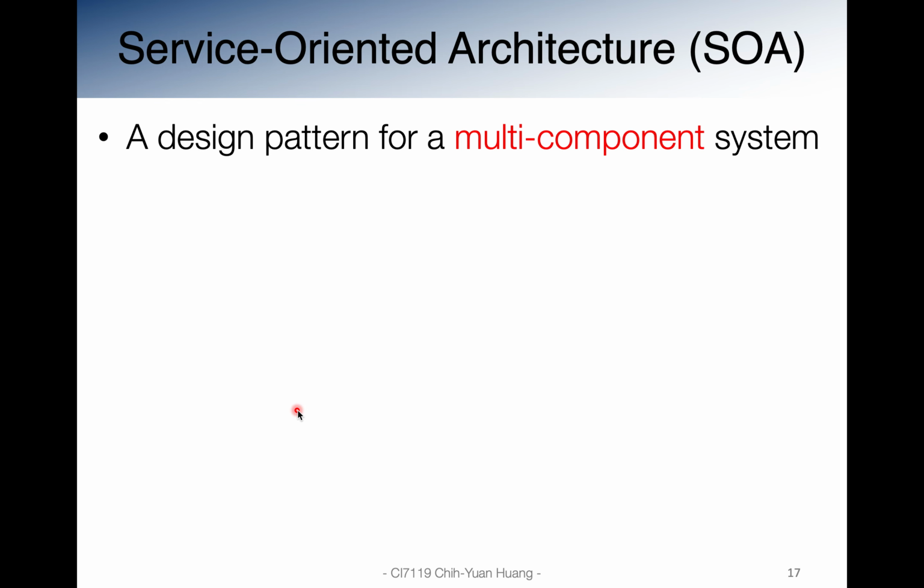So basically, SOA is a term to describe this type of design. The SOA architecture is a design pattern for multi-component systems. This means each system may have multiple components, and each component uses a web service to provide a communication protocol and integrate with other services.